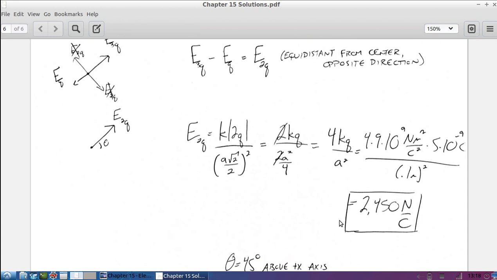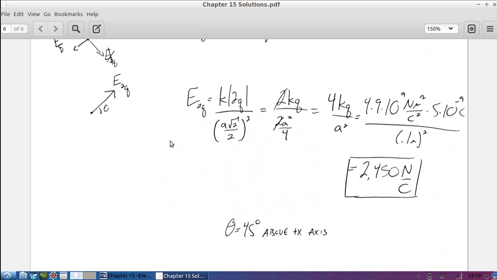And I get a magnitude of 2,450 newtons per coulomb. So I saved myself a lot of work by recognizing the proportions of the electric fields at that point, and so I could reduce it to one electric field because of that property.